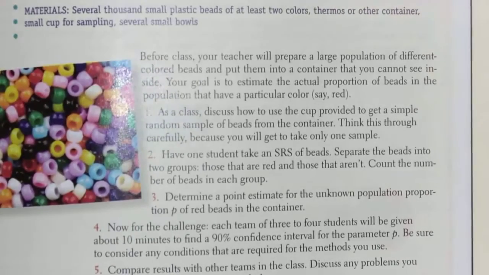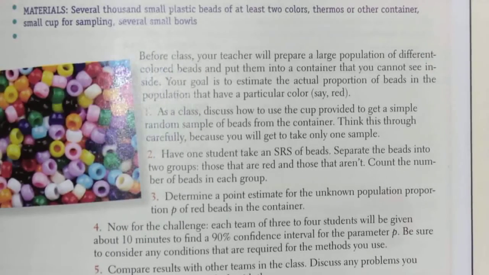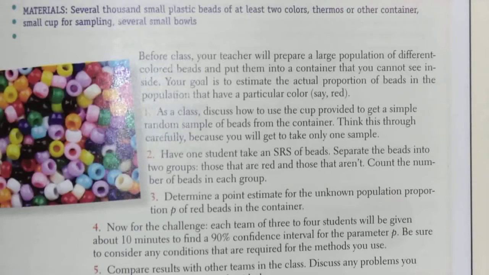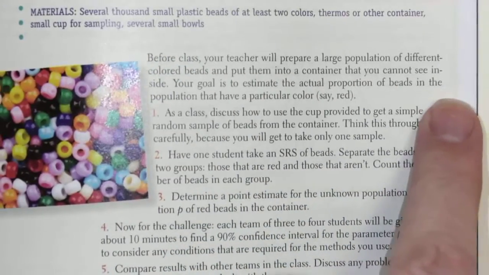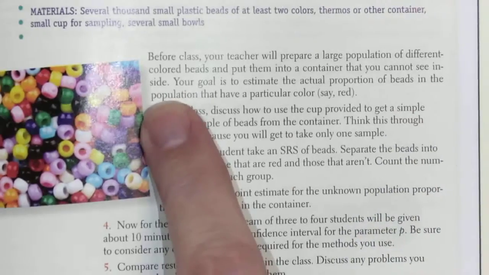Now, here's the thing. In the container, you will not be able to see the red beads because it'll be a dark container. So you will have to figure out how you're going to take a sample, and then we will figure out each step of that. Before class, your teacher will prepare a large population of different colored beads and put them into a container that you cannot see inside.